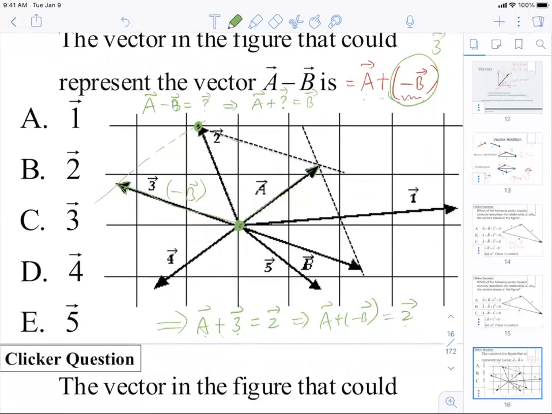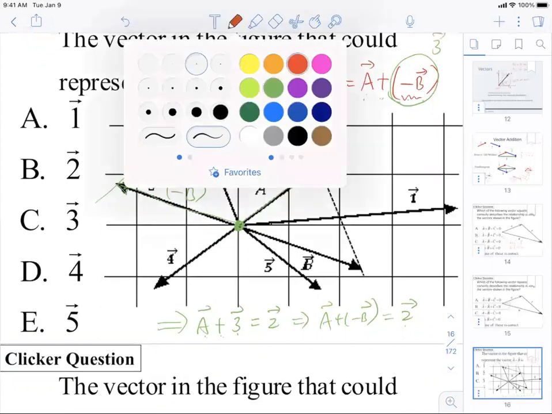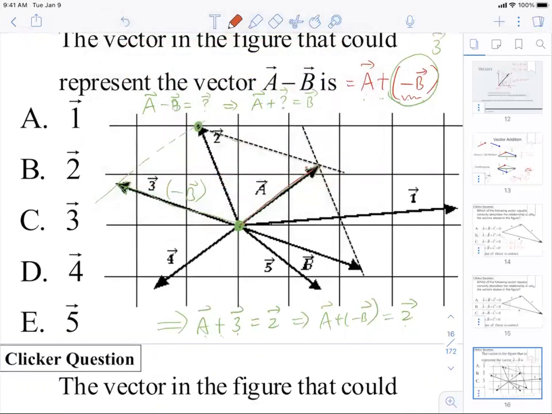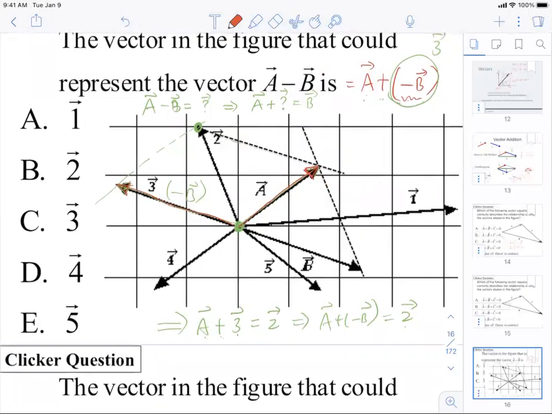Okay, so maybe you'll be more comfortable with head to tail. Let me do this again using the head to tail method. I have an A here. I need to add a 3, and 3 is here. I need to move one of the vectors so that the tail of this vector overlaps with the head of another vector.